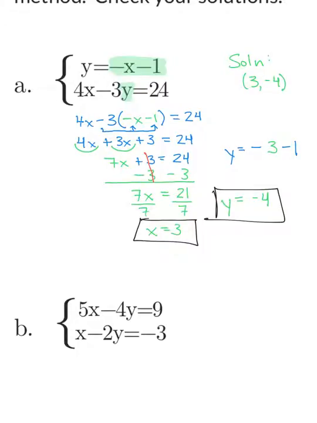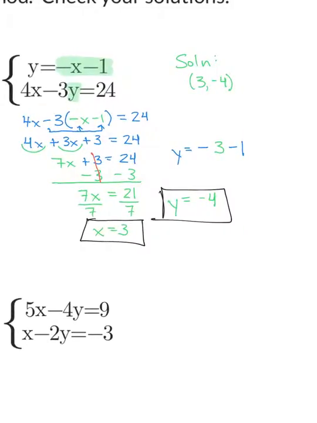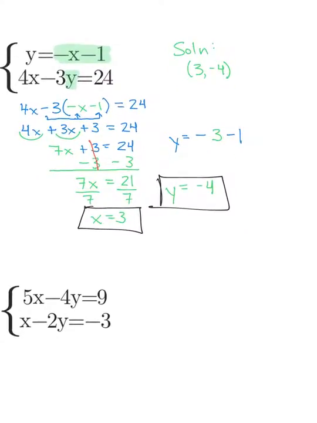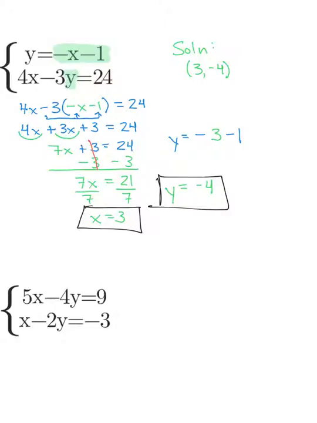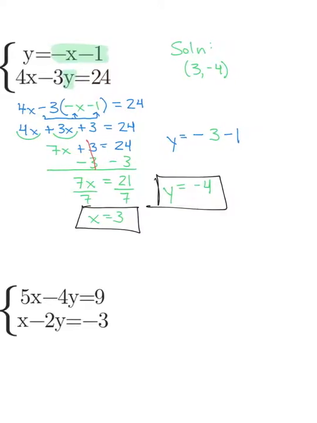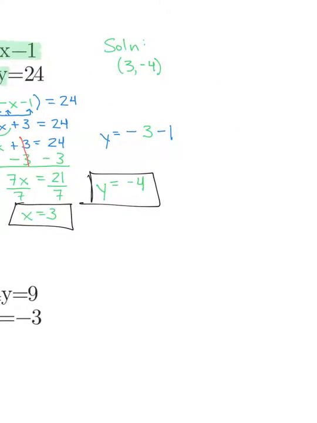Okay, so we've gone ahead and found our solution now. So now let's go ahead and check our answer. If we check our answer, we want to plug both of these coordinates back into the original equations. So in my first one, we had y equals negative x minus 1.